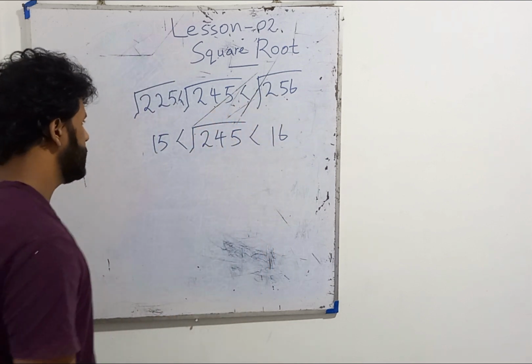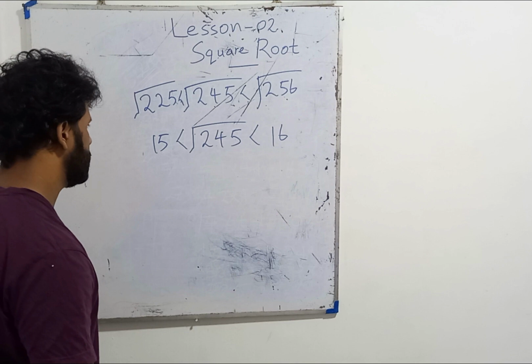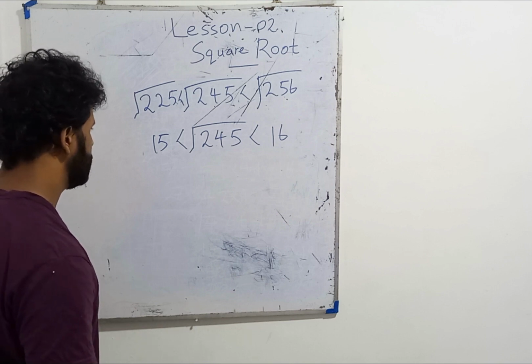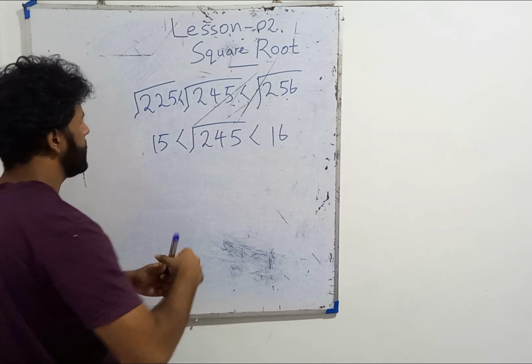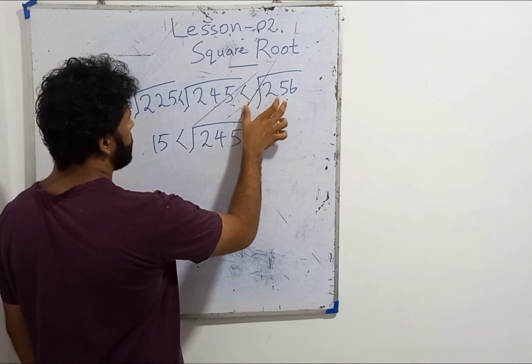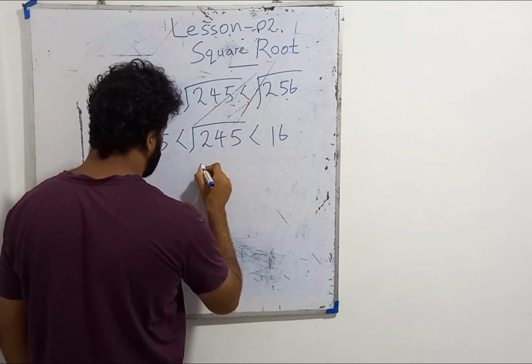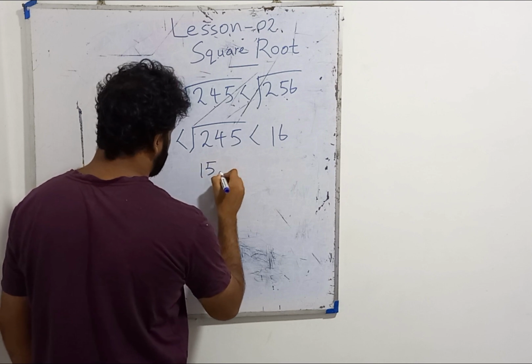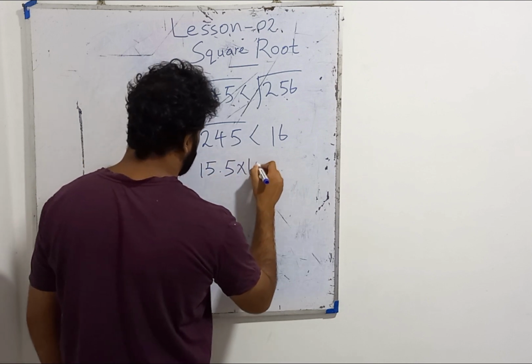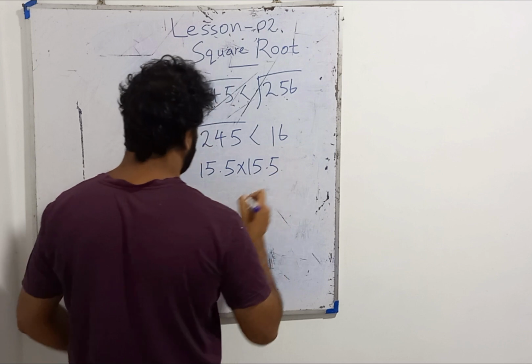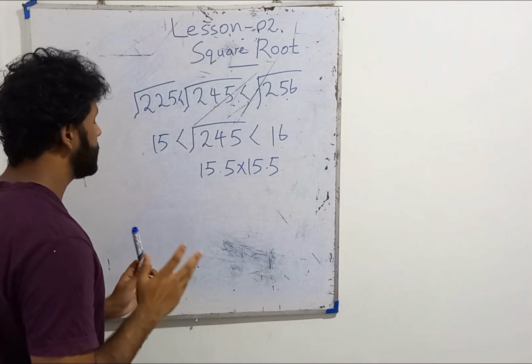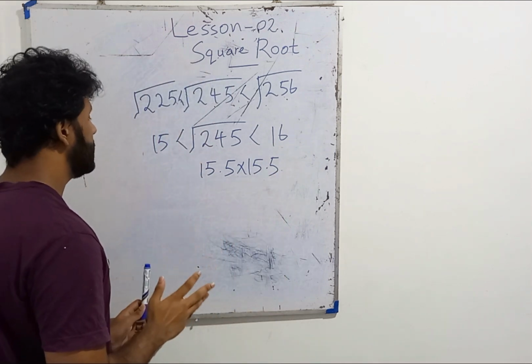Then let's take from 15.5, because it's more close to 256. Let's take 15.5 to 15.5. This is more close. I'm repeating this again.